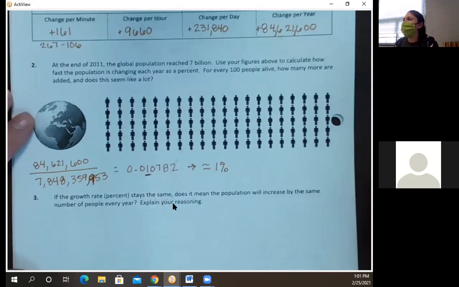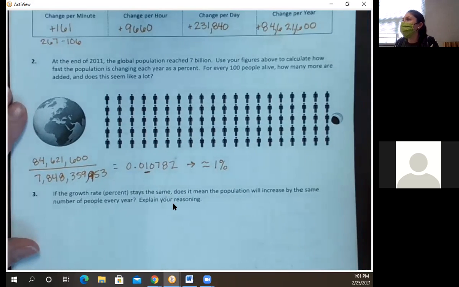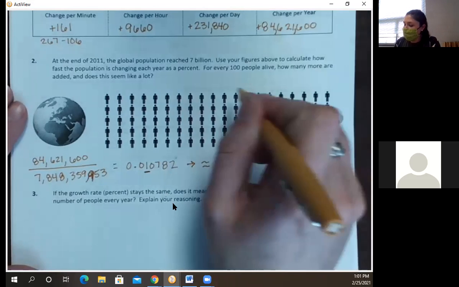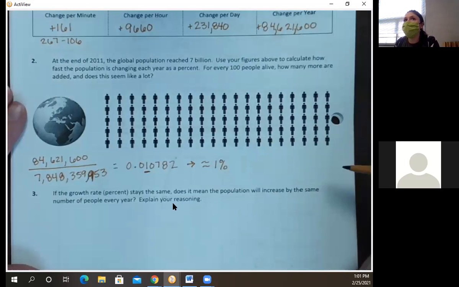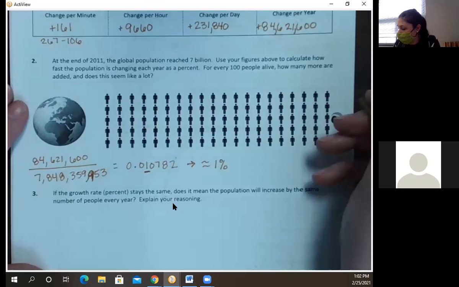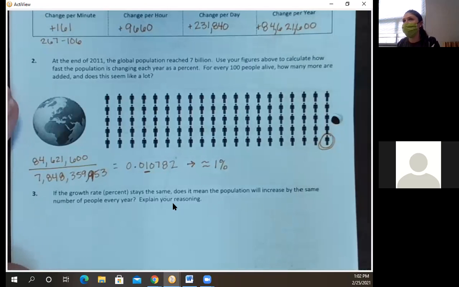Let's scale this to be something that's a little more manageable to think about. If we looked at a population of 100 people, what would be 1% of 100? 1. So that means if our whole population was 100 people, we would add 1 person. Does that make sense?